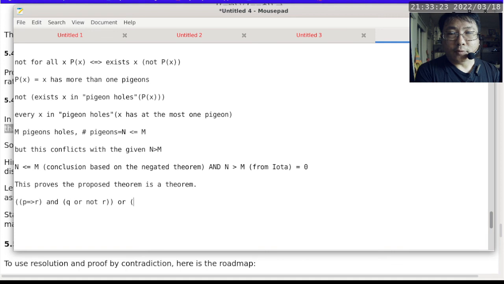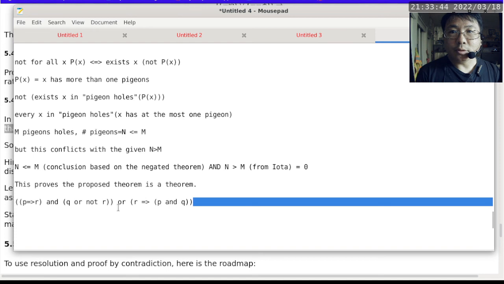And let's give this another implication. We'll make this R implies P and Q. There we go. I think I got one too many parentheses. This one is not needed here. All right, so this is just for you to practice.